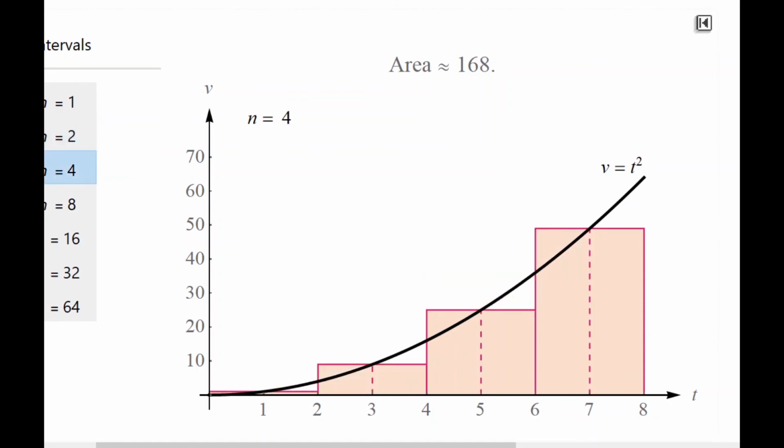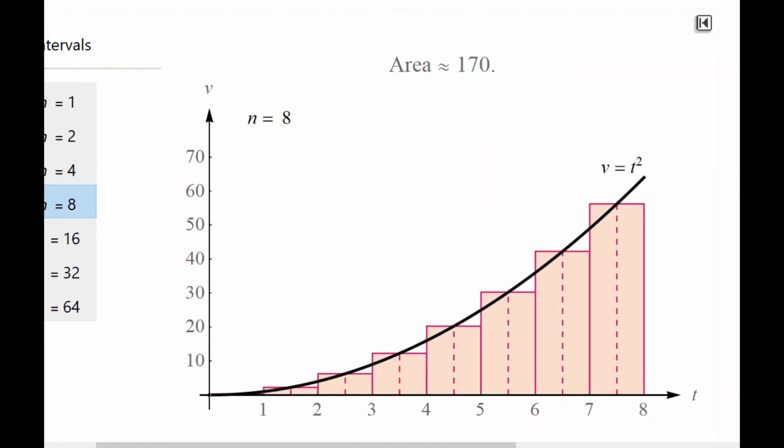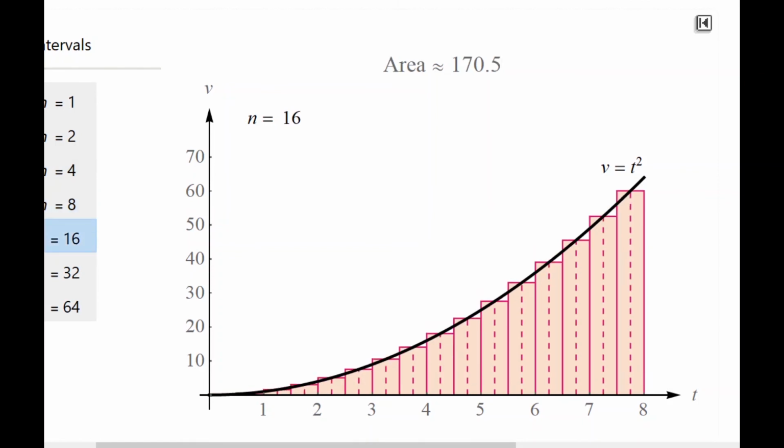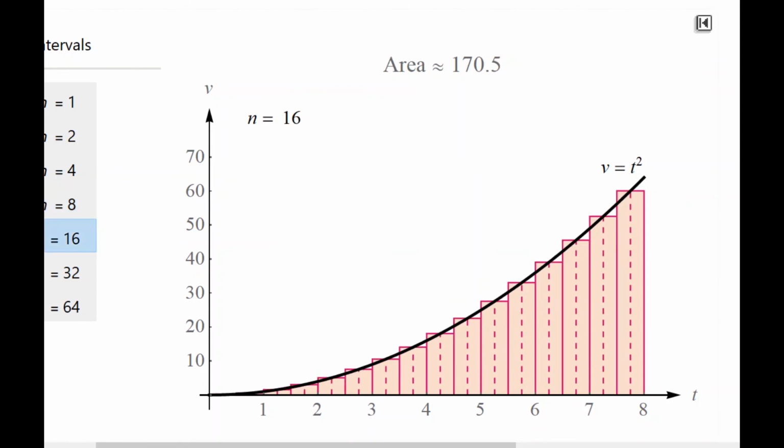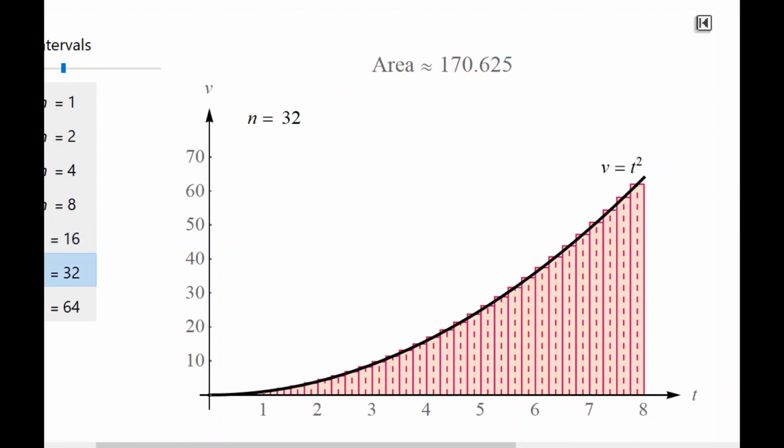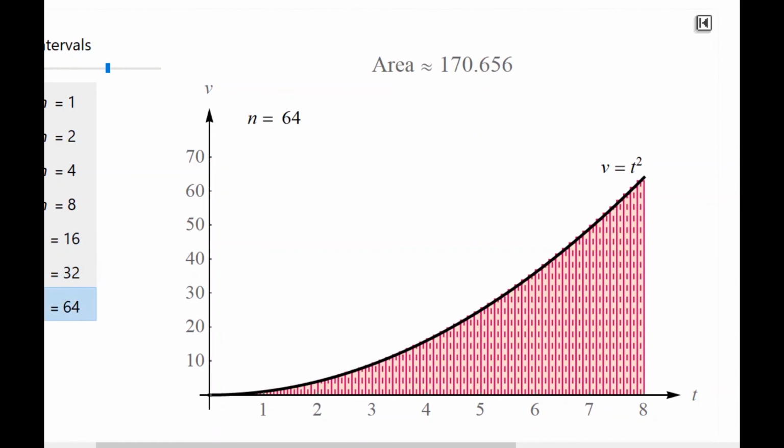So here we have 4 subintervals, 8 subintervals, 16 subintervals, and notice here that at 8 the displacement is 170 meters. At 16 it's 170.5. So then we're approaching a pretty accurate displacement at this point, breaking it up into 32 pieces and breaking it up into 64.